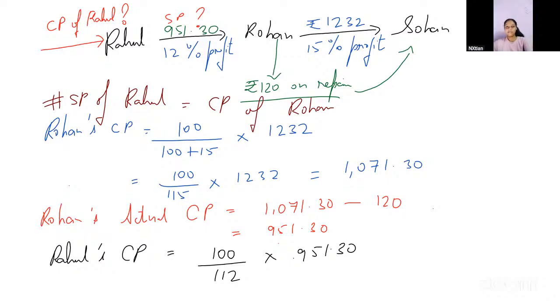Ma'am, I have a question. Instead of doing all this, can I just round it down? Like I can round 951.30 to 951, and then multiply by 100 upon 112. Wouldn't that be easy? You can do that, Abraham. It will give almost the same answer.